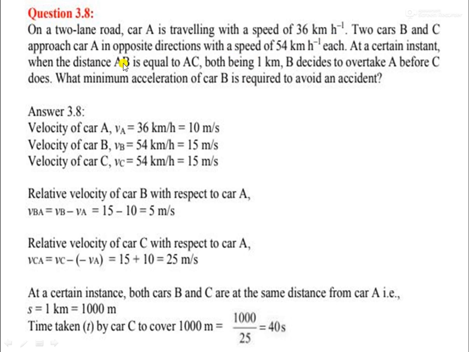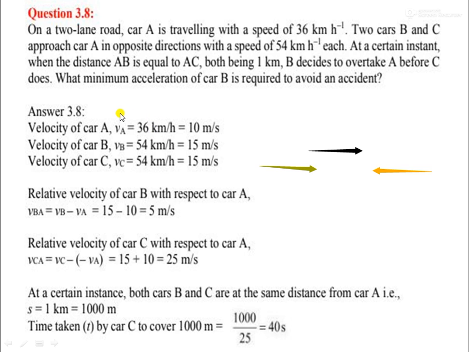When distance AB is equal to AC, both being 1 km, B decides to overtake A before C. What minimum acceleration of car B is required to avoid an accident? Suppose this is the direction of car A and there are two more cars coming in the opposite direction. Let this be car C and let this be car A.